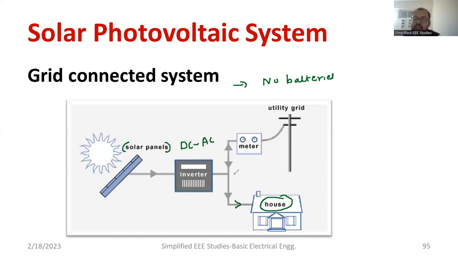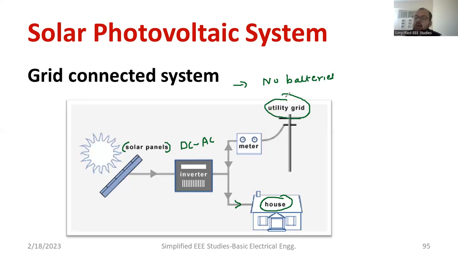The excess energy we are going to give to the grid. The grid is an interconnected network of power generation, power transmission, and power distribution. The grid is controlled by different supplying companies like BESCOM, MESCOM, and KSEB.